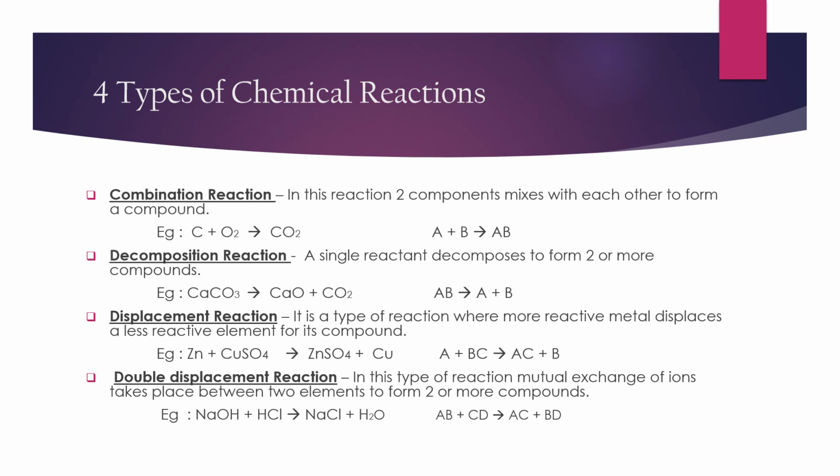CaCO3, calcium carbonate, is heated to form two compounds, CaO, calcium oxide, plus CO2. On the right side, for more clarification, AB is divided into A and B, separated from each other. Whereas in combination reactions, A and B are combined to form AB.